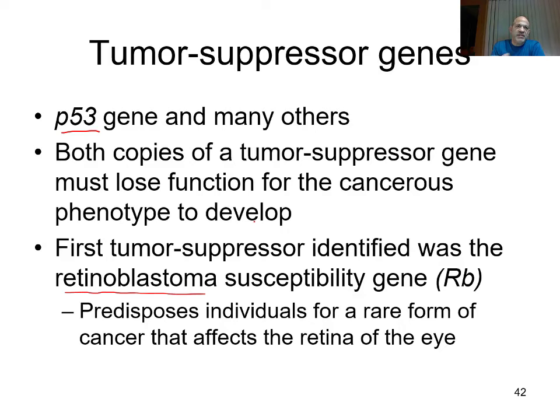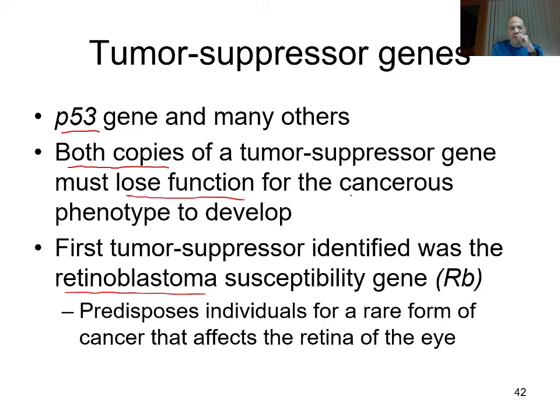It is identified in a certain kind of cancer, but the protein itself is actually a tumor suppressor. Now here, unlike the proto-oncogenes, you have to have both copies go bad. As long as you have one good copy, it's still doing the suppressing. So that's important to remember for tumor suppressors. You basically have to lose function of both copies in order for certain kinds of cancers to develop.